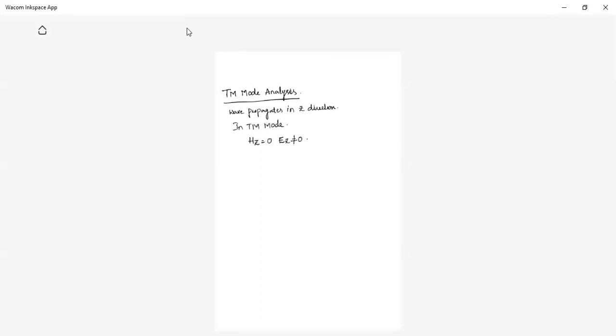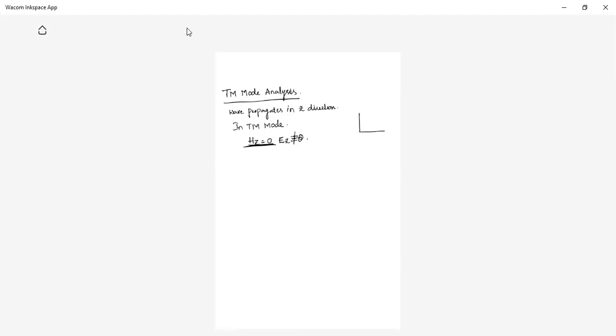What do you mean by that? Transverse magnetic means transverse to the direction of wave propagation, magnetic field exists, whereas in the direction of wave propagation, magnetic field doesn't exist. That is the reason Hz becomes 0 in transverse magnetic mode, whereas Ez is not equal to 0.